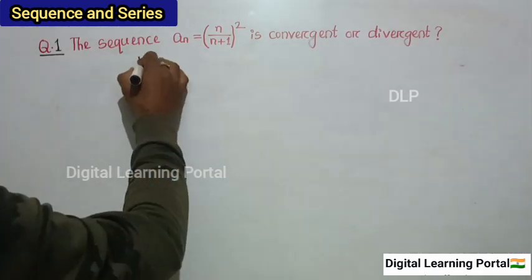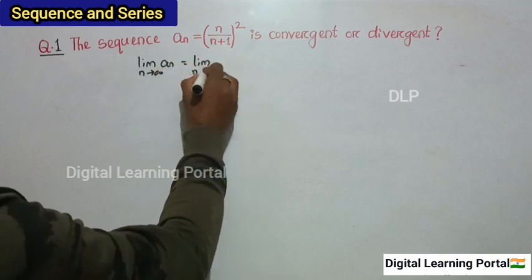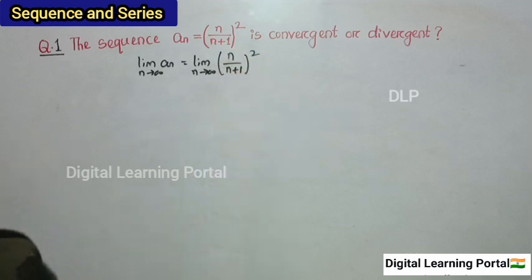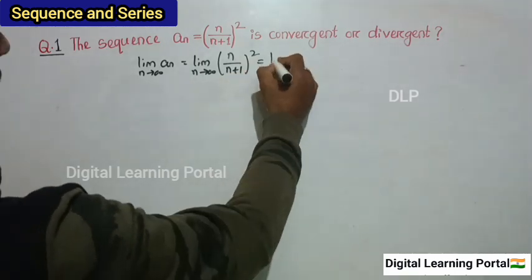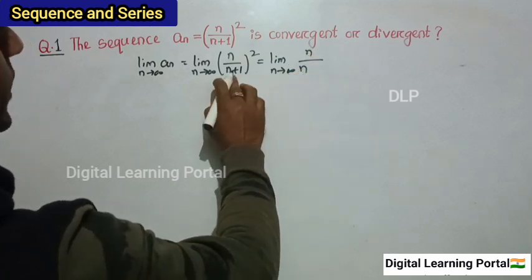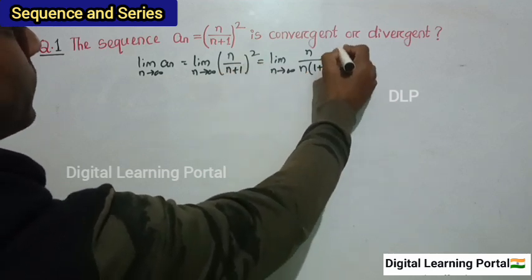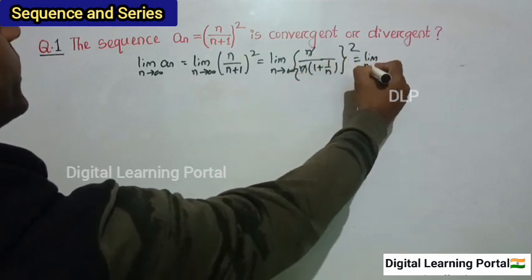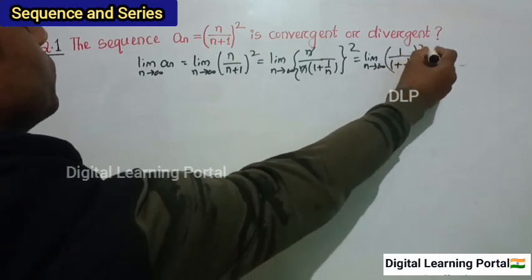We find the limit as n tends to infinity of (n/(n+1))^2. Dividing by n and taking it common, this equals the limit of (1/(1+1/n))^2.